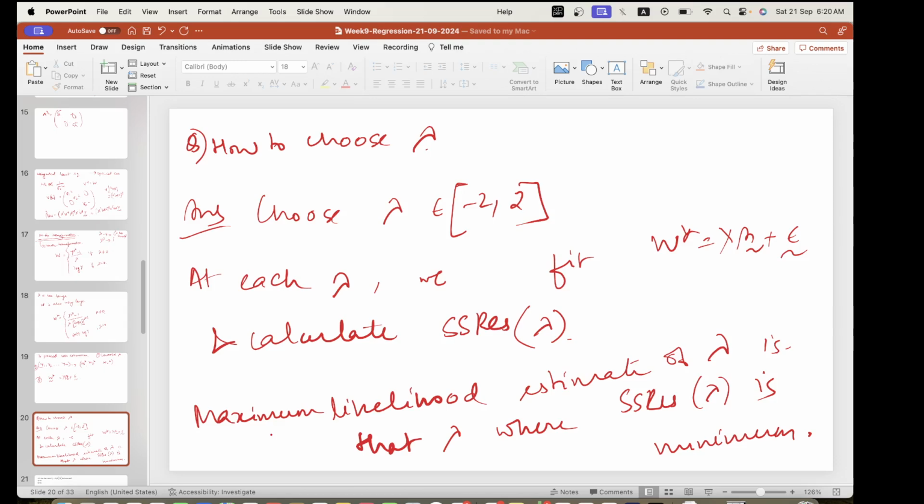And also, if we are very sure that unequal variance between errors does exist, then we can go ahead and fit the generalized least squares method.